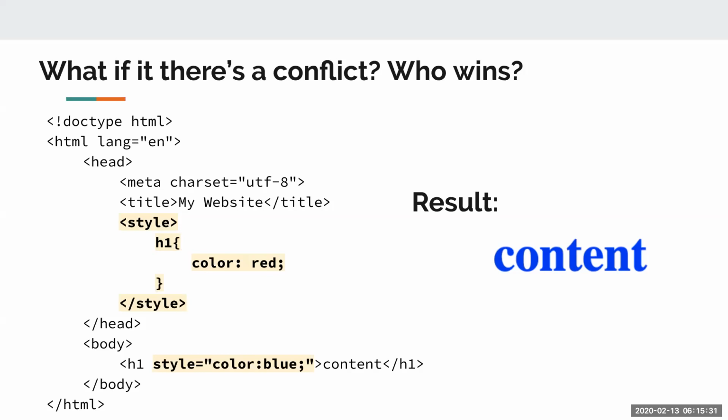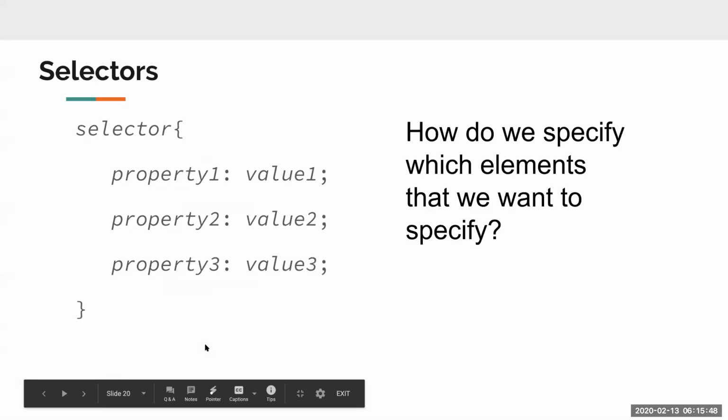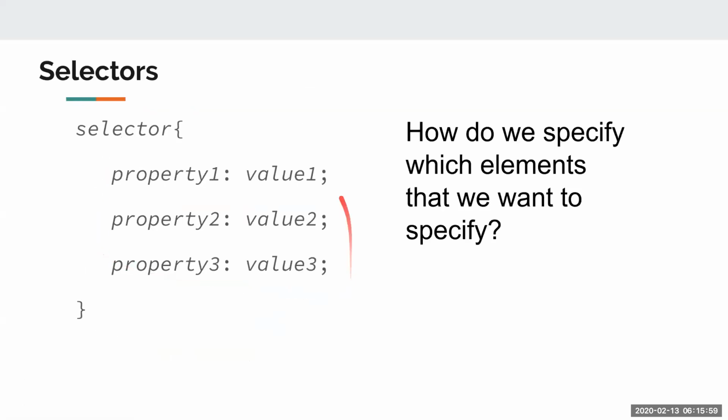So it's going to select multiple H1 elements. We're going to look at selectors, this part only for now. Don't worry about this other part; we're going to look at it later.